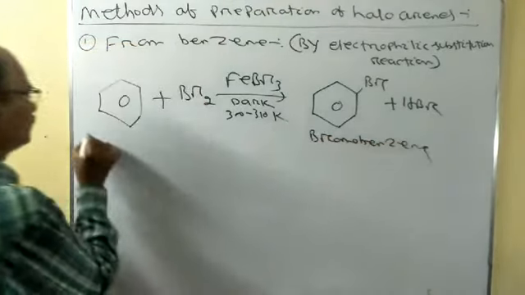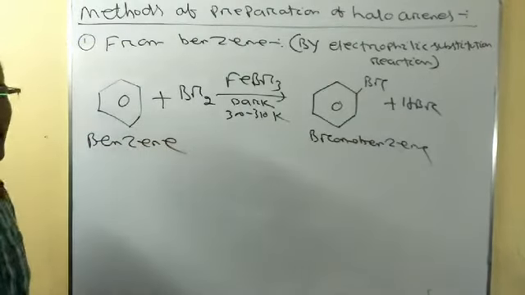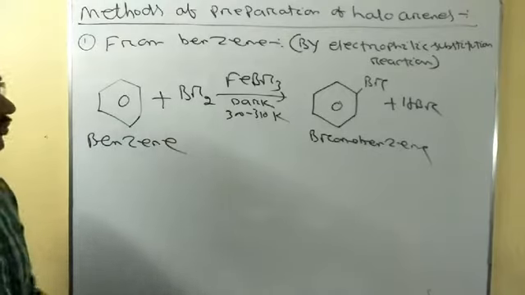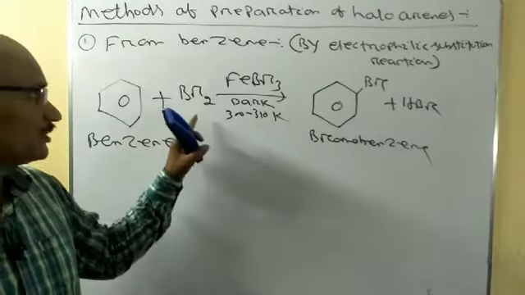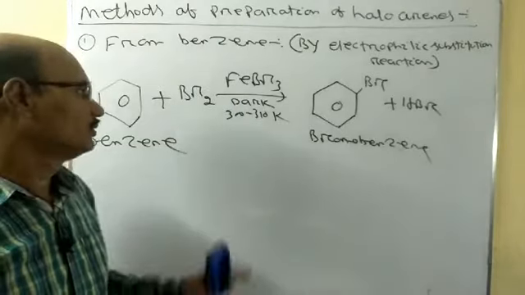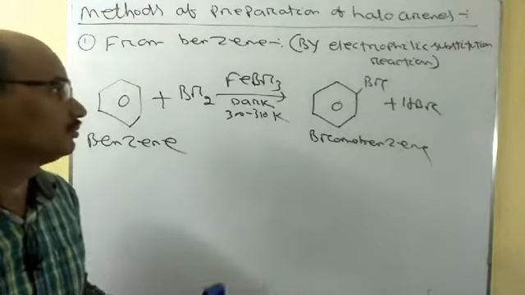So we can get bromobenzene by treating benzene with bromine in presence of FeBr3 in dark condition at 300 to 310 Kelvin.